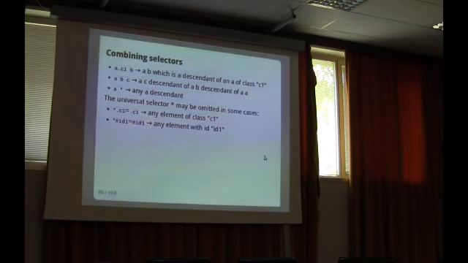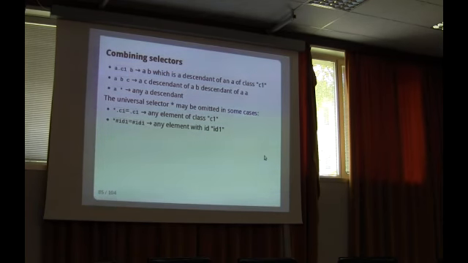Okay, there is also the possibility of combining base selectors. For example, in the first line you can see a.c1 b, which just selects all b elements which are descendants of an a element of class c1.